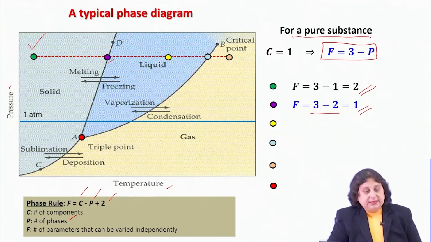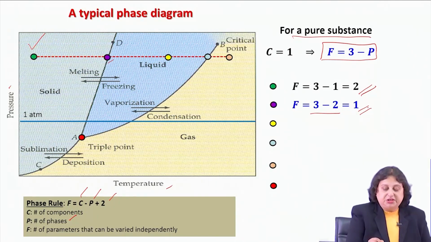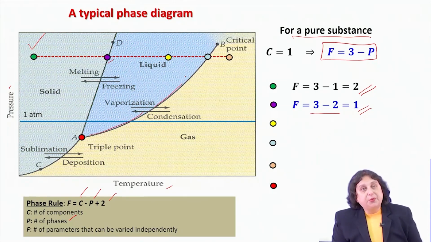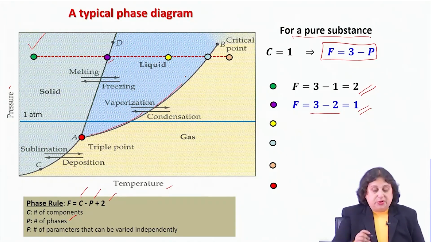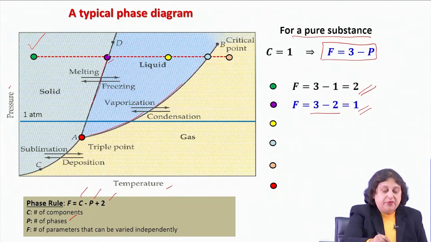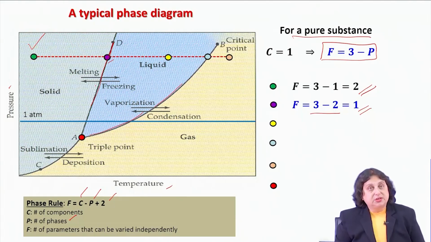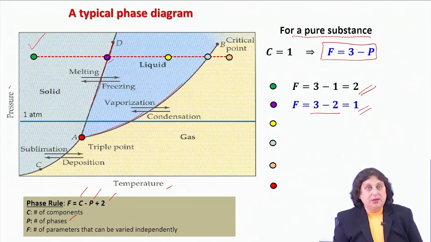It means that if I fix the temperature, there will be a corresponding value of pressure along this particular curve that will tell me that both the solid and the liquid are coexisting in equilibrium.